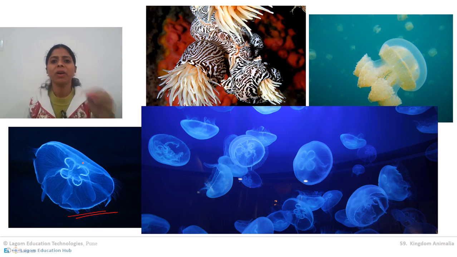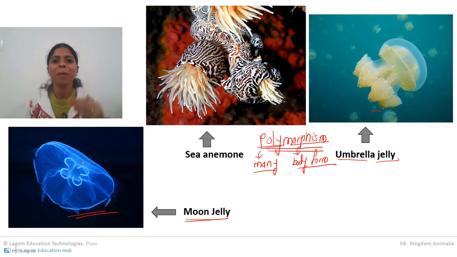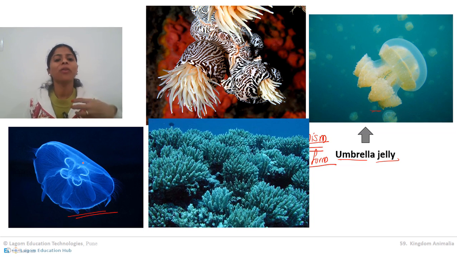The whole surface of the ocean in that area is full of jellyfish. How are they produced? They are produced by budding in the corals. But the corals look very different, and these jellyfish look very different. So the same animal has more than one body form.